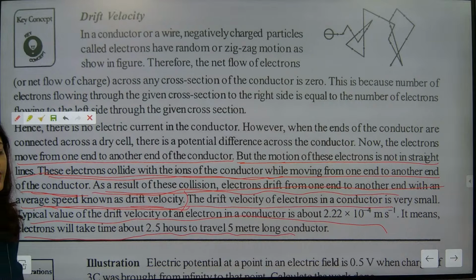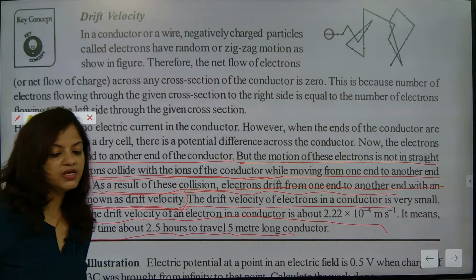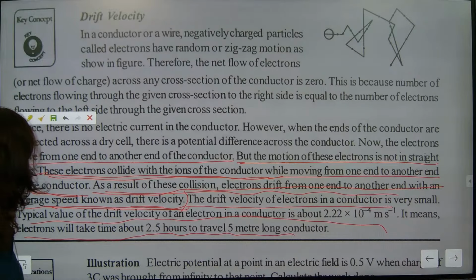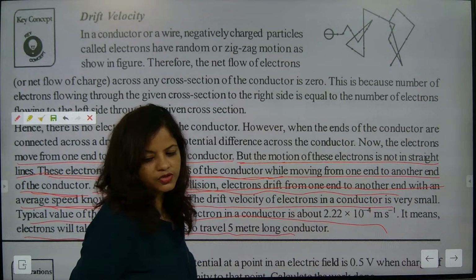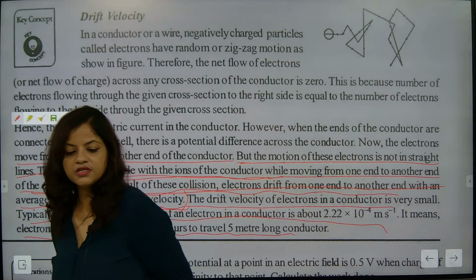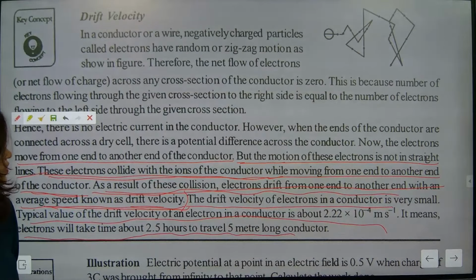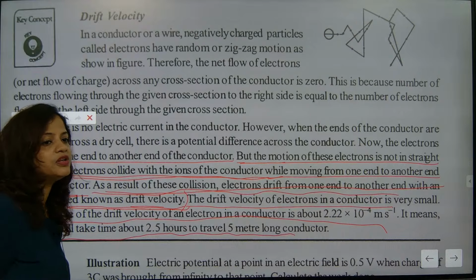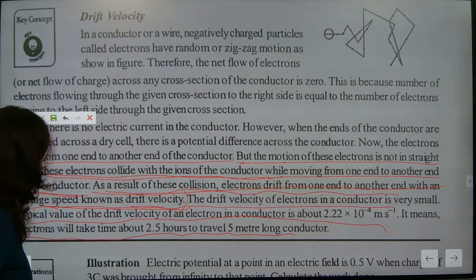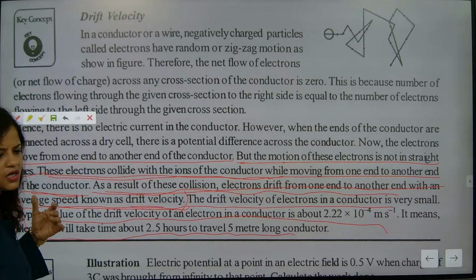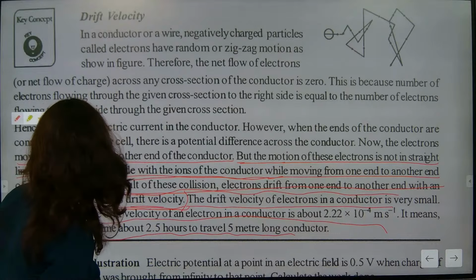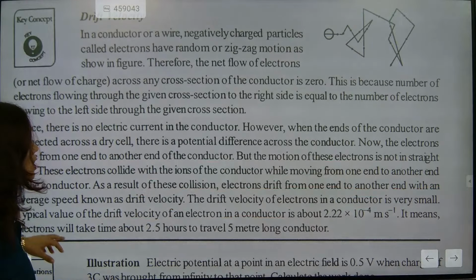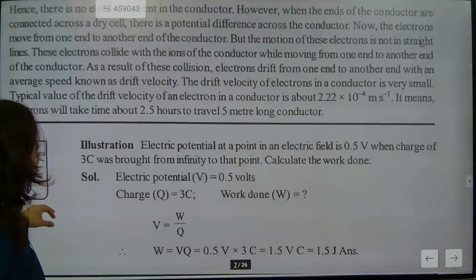So it means the electron will take about 2.5 hours to travel a 5-meter long wire. That's very, very slow. Understood? If it is so slow, then how is the conducting current going so fast? We need to understand that.